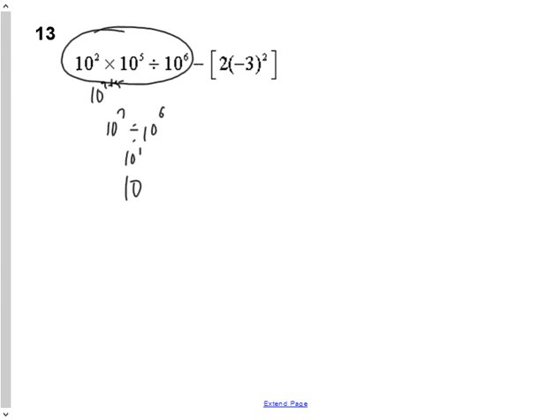If you started dealing with a million or 10,000, you were missing the point that you could have applied your exponent laws to get 10. Take away, this would be 2 multiplied by 9, which is 18. Much simpler this way. 10 take away 18 is negative 8. So your answer for that question was negative 8.